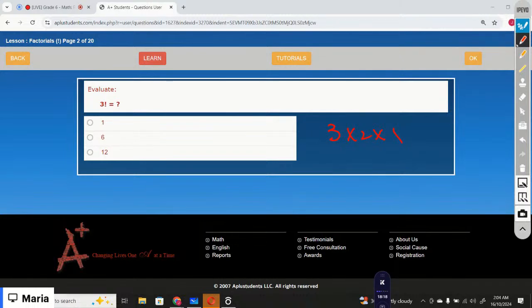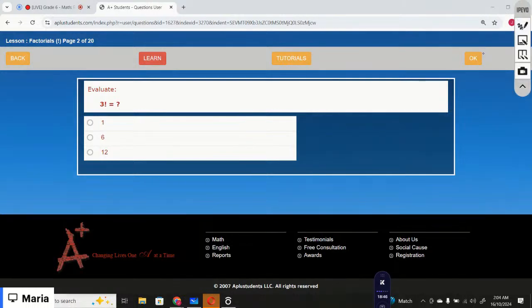So which is the correct option? That is 6. 3 times 2 is 6. So the correct option is option number 2. 6 it is.